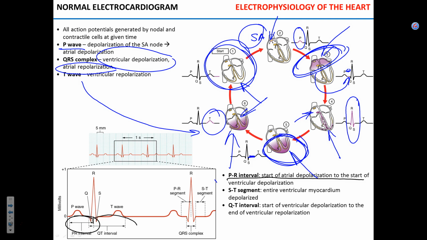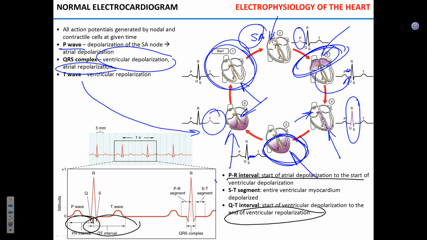And QT interval is the time it takes for an electrical impulse, basically, to go from ventricular depolarization to ventricular repolarization. Essentially, by looking at the PR and QT intervals, you can tell if the speed of the electrical signal is normal or not.